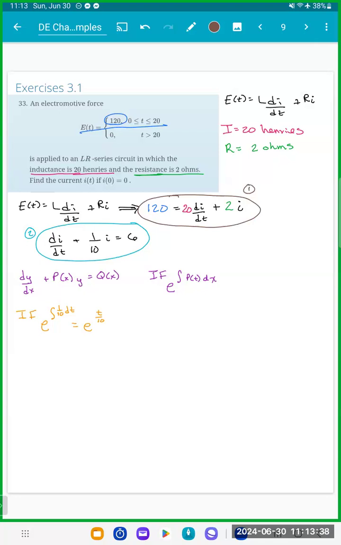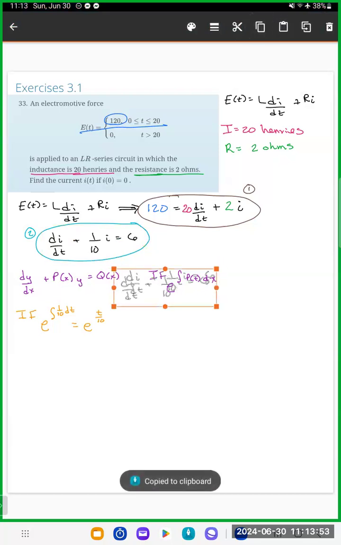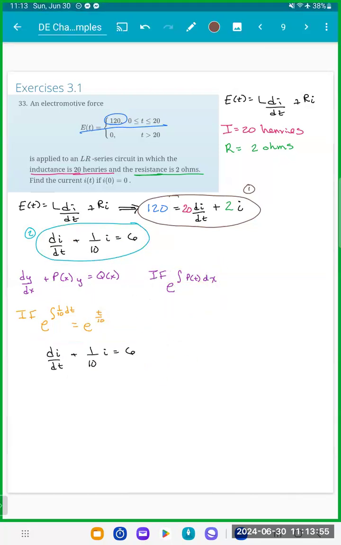So if we want to simplify this, we want to multiply our second equation with the integrating factor on both sides. Okay. So I'm going to take my second equation here, and I want to multiply by my, like I said, my integrating factor on both sides. I'm going to just move this 6 out a little bit so I can have some space in there. So my integrating factor is e. Well, I could have left the 6 in there a little more.